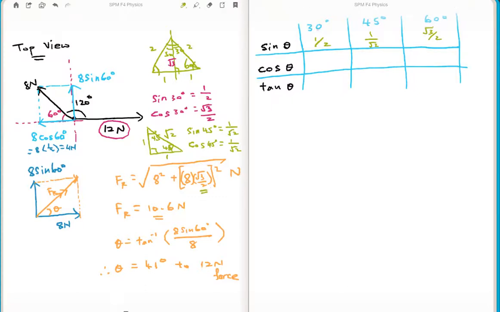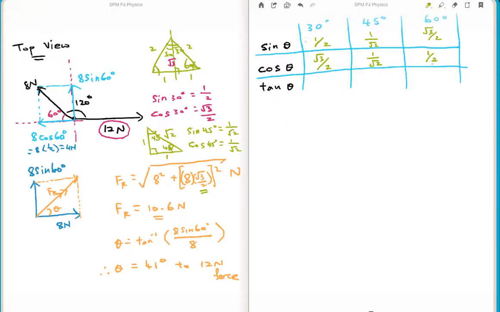Then cos 30 is root 3 over 2, because cos 30 is actually sine 60, same value. Cos 45 is 1 over root 2. Cos 60 is 1 over 2. Cos 60 is equivalent to sine 30. Sine 60 is equivalent to cos 30. Sine 30 is equivalent to cos 60. Same value.